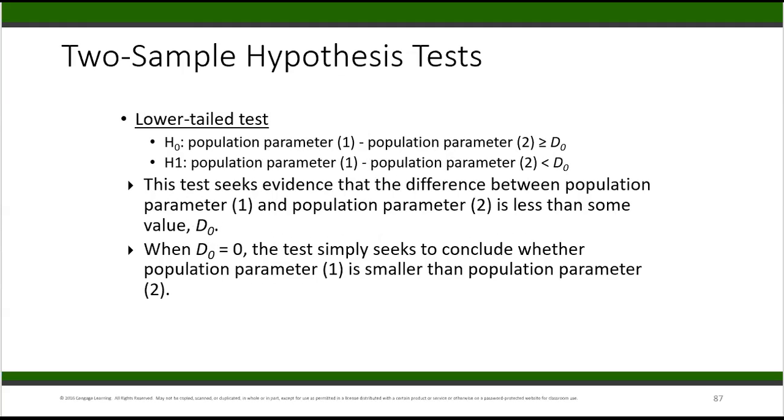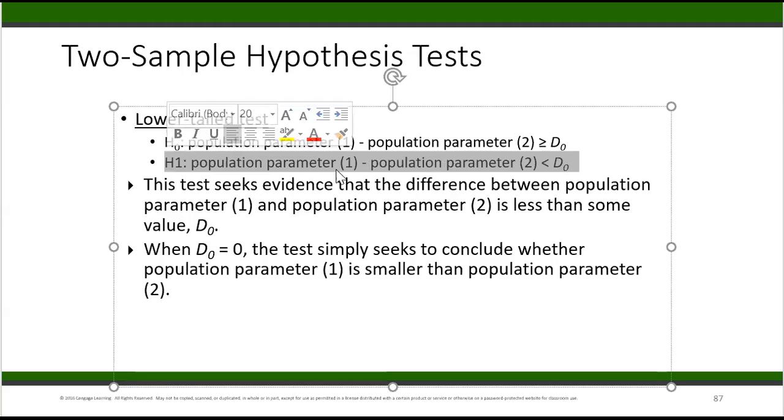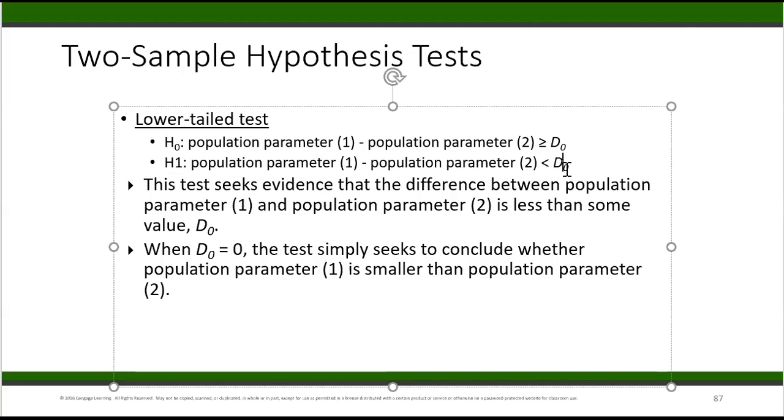I said the two-sample hypothesis test can be two-tailed or lower-tailed, if the difference between the first and second population is strictly less than a certain hypothesized difference.